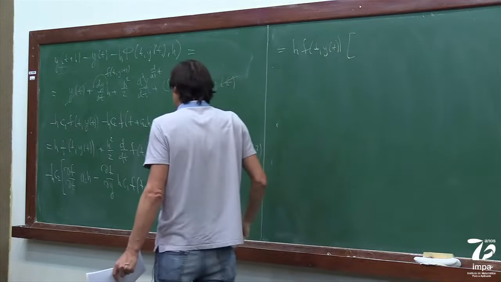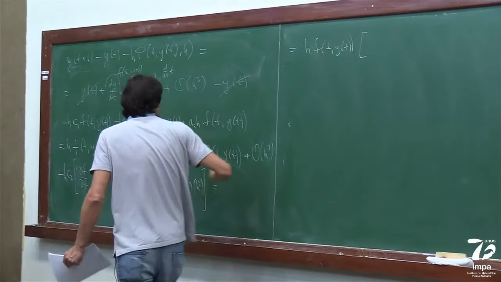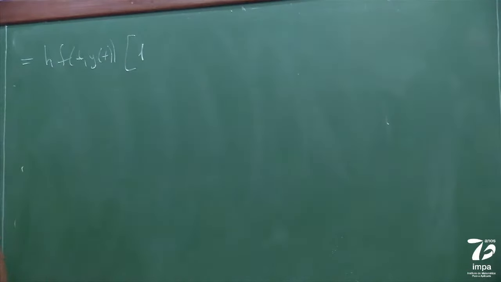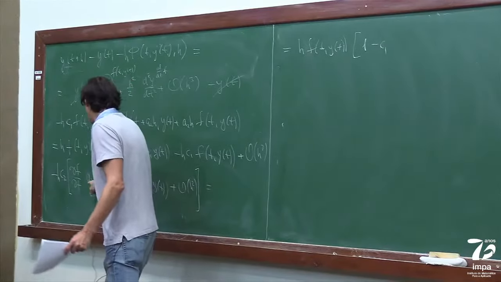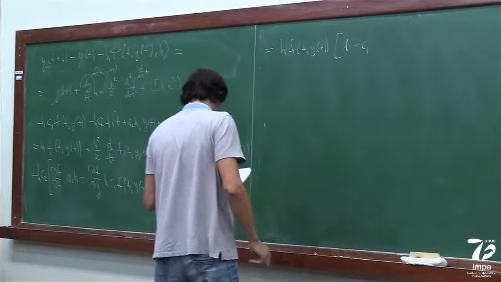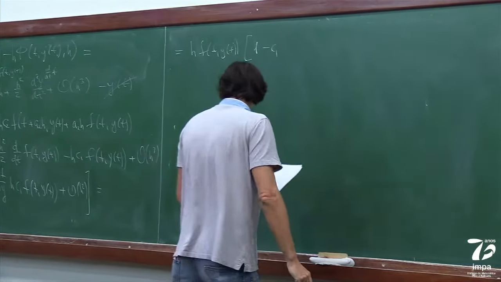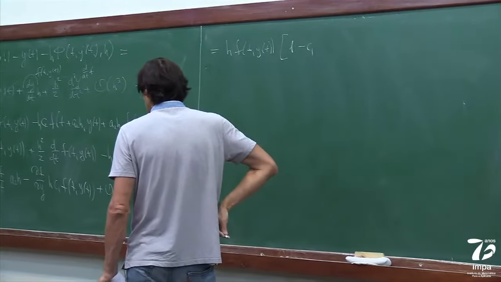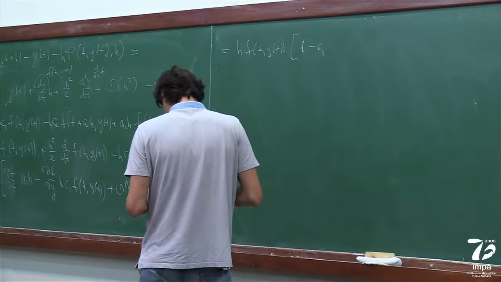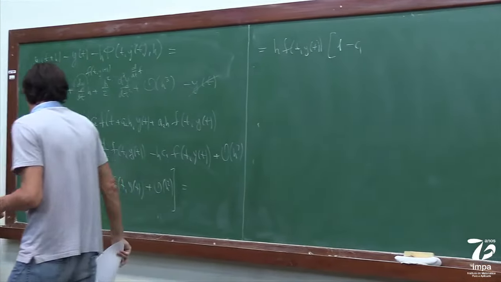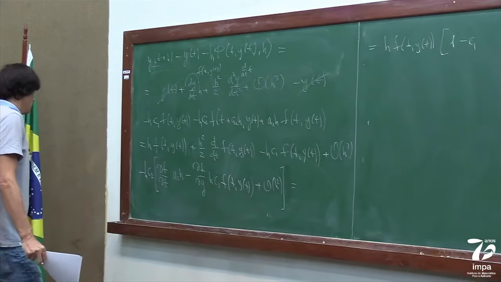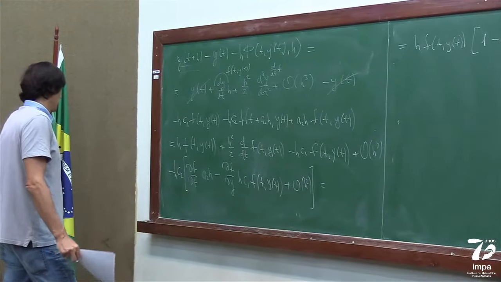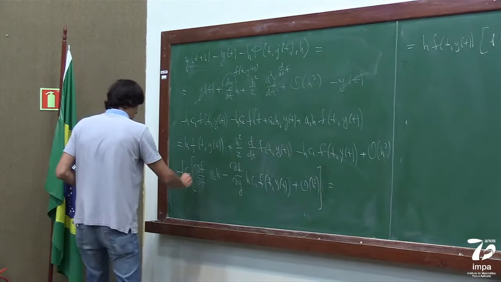This will be multiplied by 1 from here, there will be minus C1 from here, and minus C2 from there. We forgot here the function.